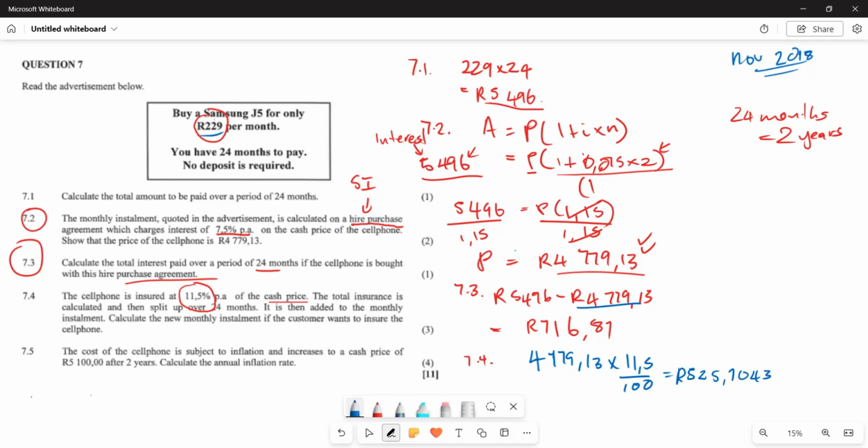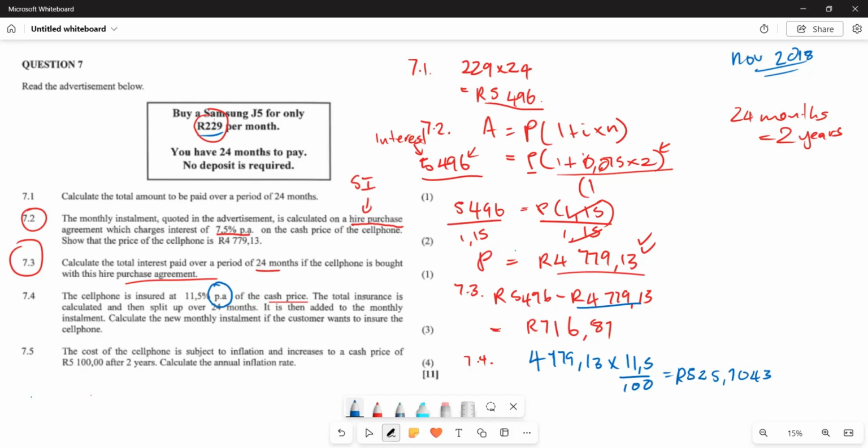But look, they say the insurance is charged per annum. Let me just show you this. If you can see this, this is PA, which means per year, right? So what is it then that you are going to do here?